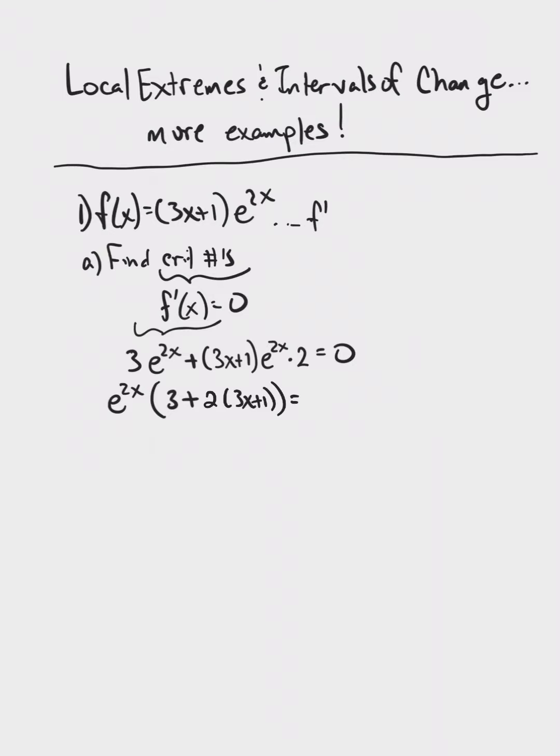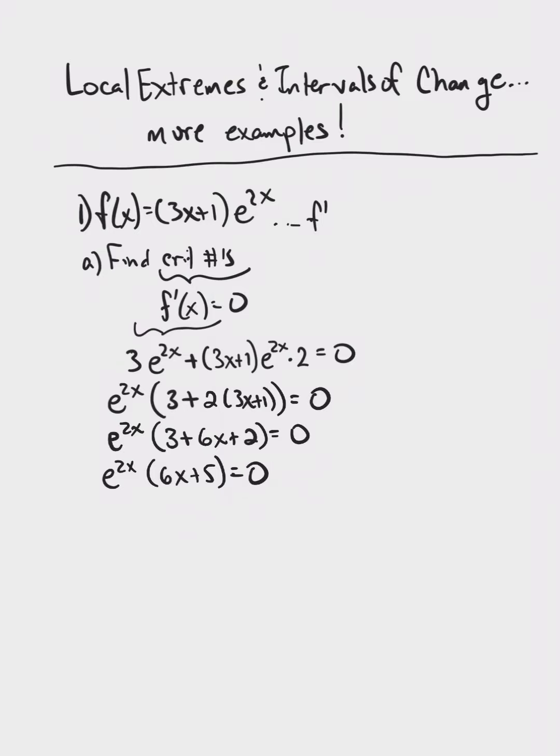And then that's equal to 0. All right, so now I have this equation. I probably want to clean up the part inside the parentheses before I do anything else. And so I have 3 plus 6x plus 2 equal to 0. And then I have some like terms there. 6x plus 5 equal to 0.